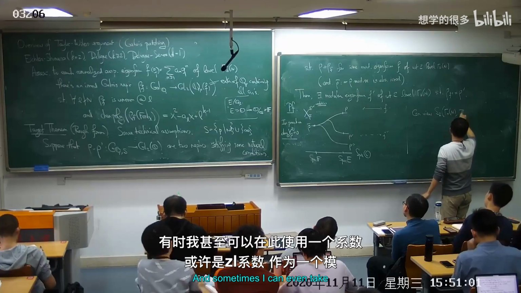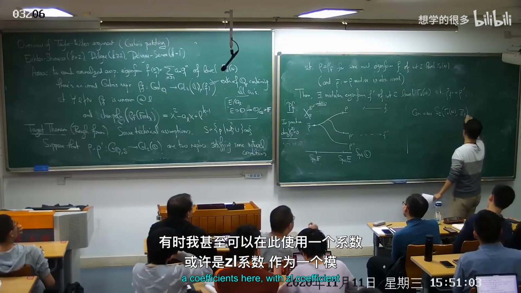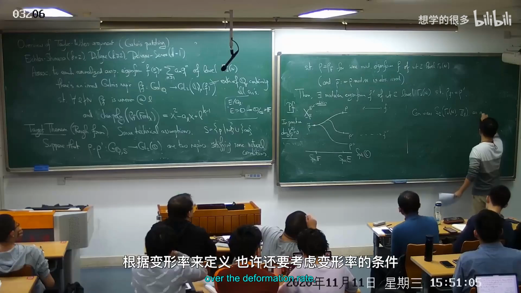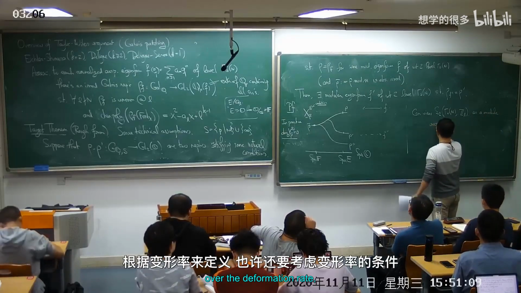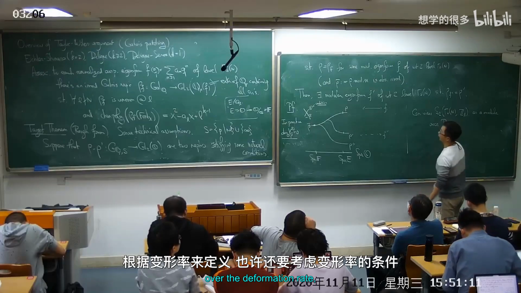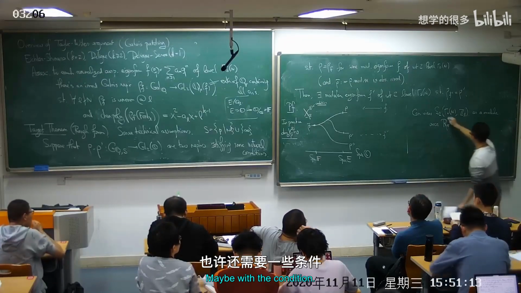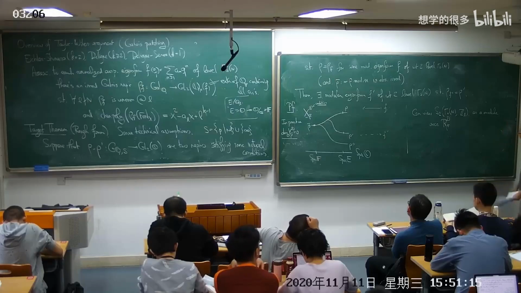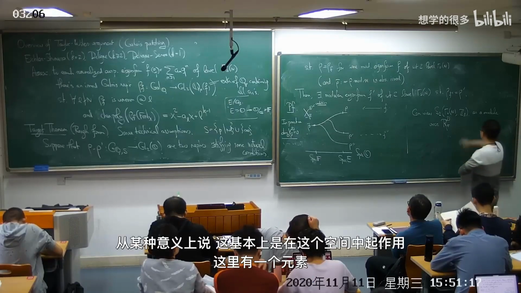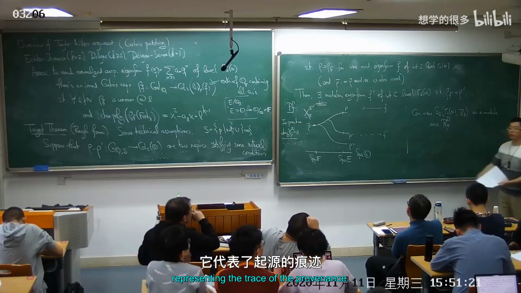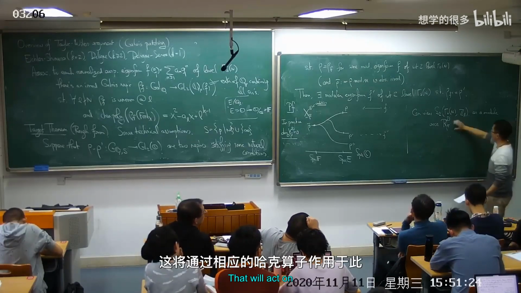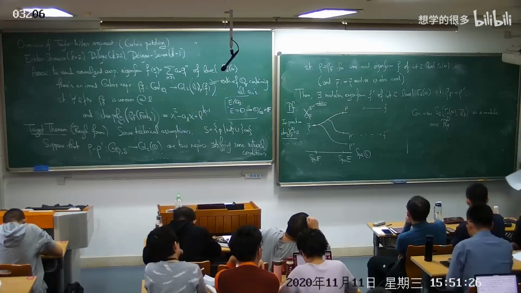In some sense, I can even take a coefficient here, with Z_L coefficient maybe, as a module over the deformation ring, maybe with a condition. In the sense that somehow, acting on this space, there's an element representing the trace of the Frobenius that will act on this by the corresponding Hecke operator.